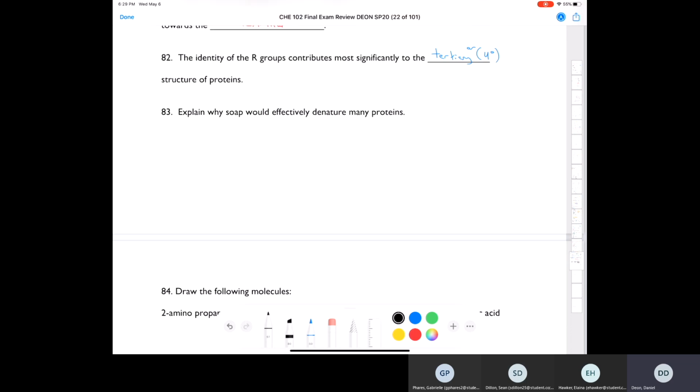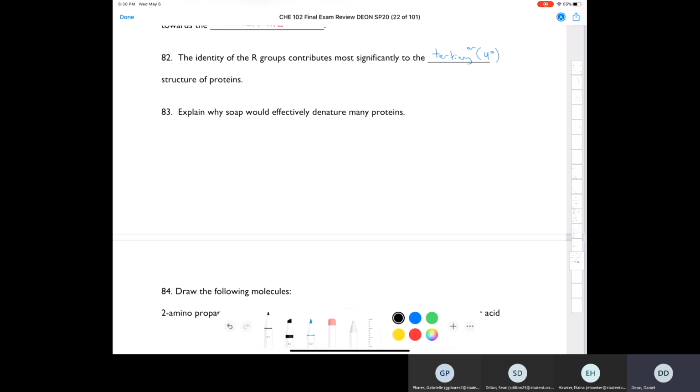And therefore, soap is going to be attracted to those forces. So the nonpolar part of soap is going to be attracted to the nonpolar part of the protein. What's that going to do? It's going to disrupt the tertiary structure. And that's all that's happening when soap encounters a protein. It's just disrupting the tertiary or quaternary structure, which causes denaturation, of course.